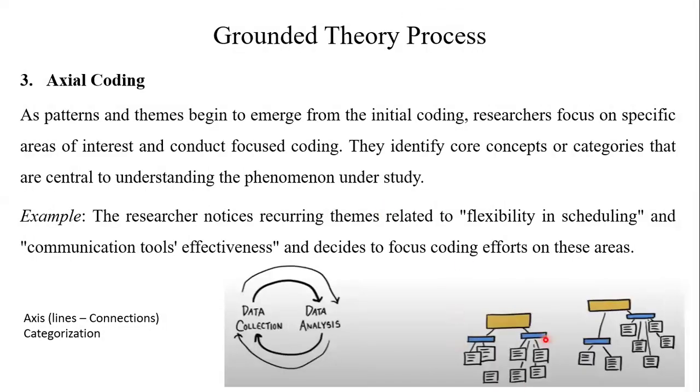If you see in the previous picture, the first categorization is indicated in blue rectangles. This is axial coding, but after it, the axial codes are further coded in the yellow or orange rectangle. This becomes what you can call selective coding. So this is the core category of these axial codes.